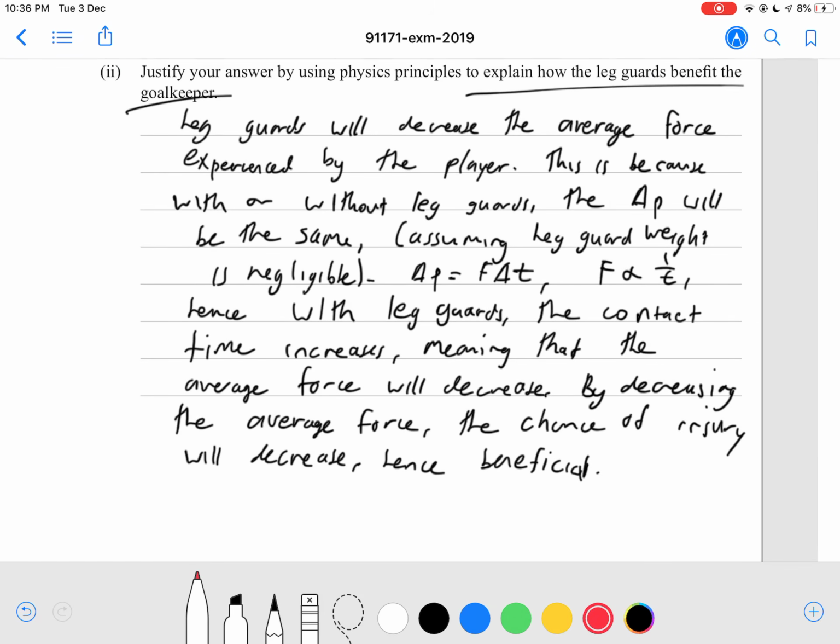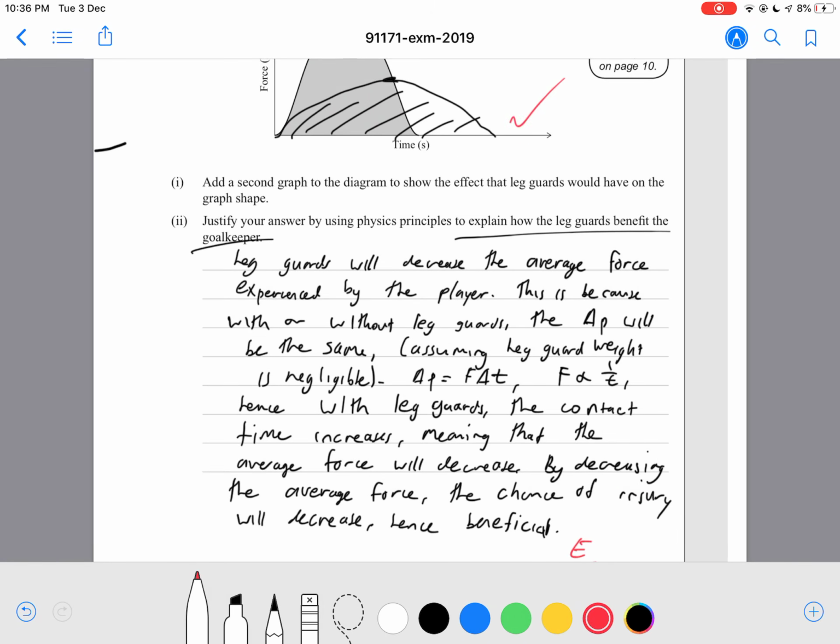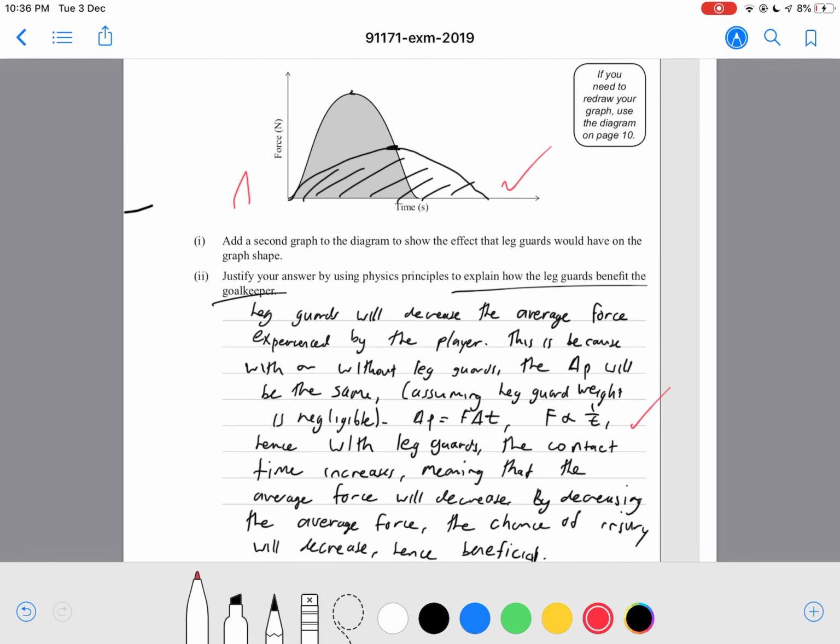So that would be your answer for this question, and getting up to here is an excellence grade, assuming your graph is correct. Graph correct plus a good explanation is an excellence. To get an achieved, I'm thinking an achieved is just drawing the graph correctly, or explaining that the leg guards will decrease the average force experienced. Maybe just this one sentence could get you an achieved.